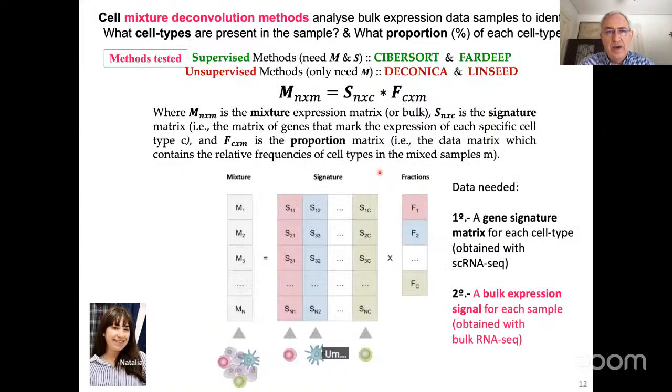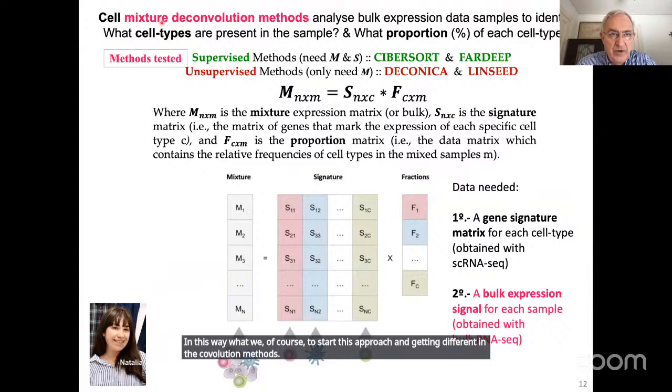To start this approach and get different mixture deconvolution methods, we didn't start from scratch. What we did was go to some well known methods and compare them to see how they perform.